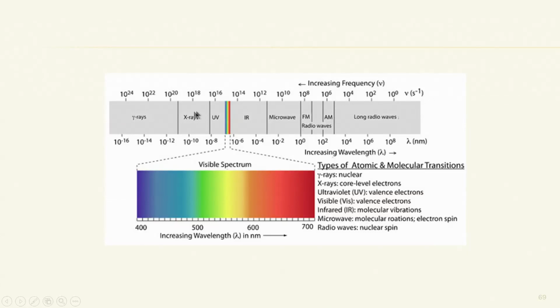That means, if the frequency is decreasing, wavelength keeps on increasing. I think you are familiar with that relation now. So, lambda is equal to 1 over frequency. I have put the wavelength also at the bottom of this strip here. So, for gamma rays, if the frequency is 10 raised to 24 per second, 24 waves should pass through a given space, and the wavelength should be approximately 10 raised to minus 16.